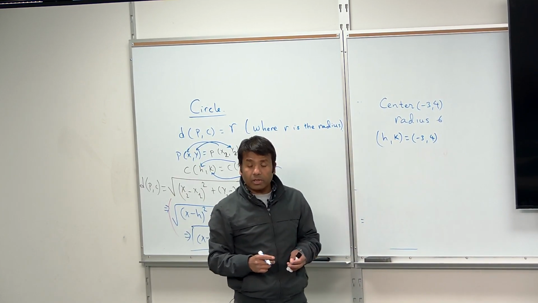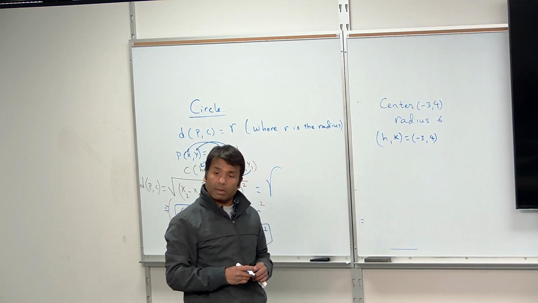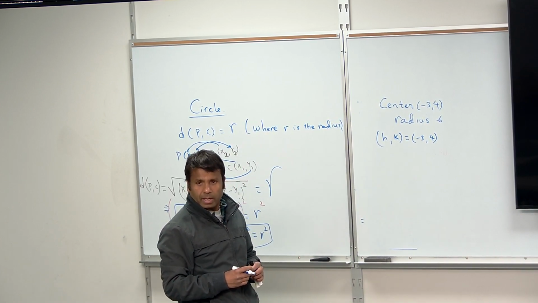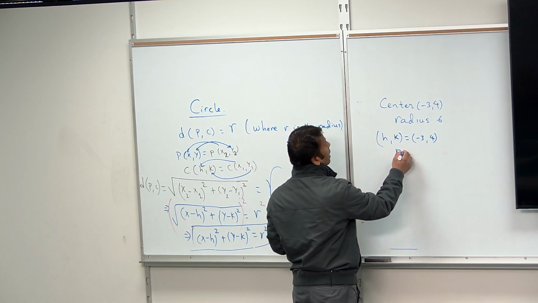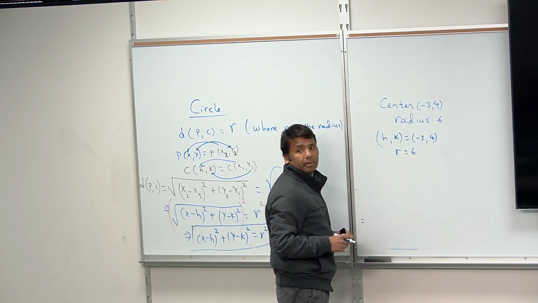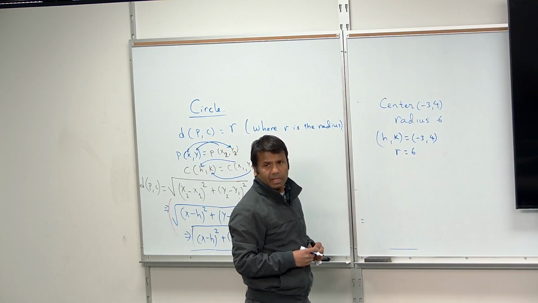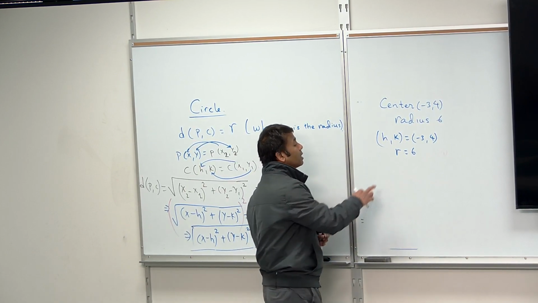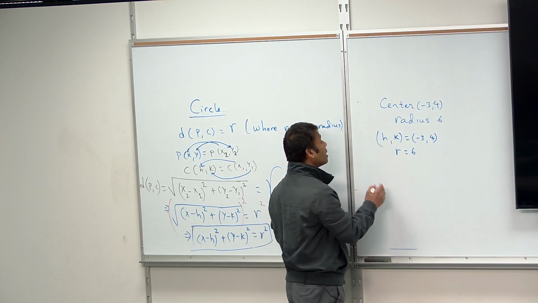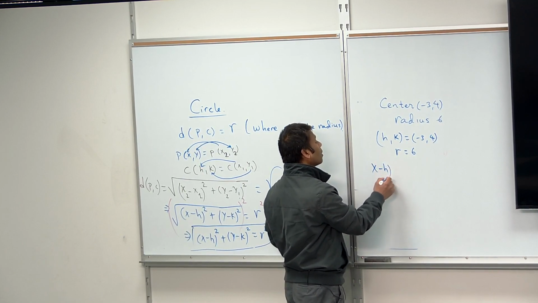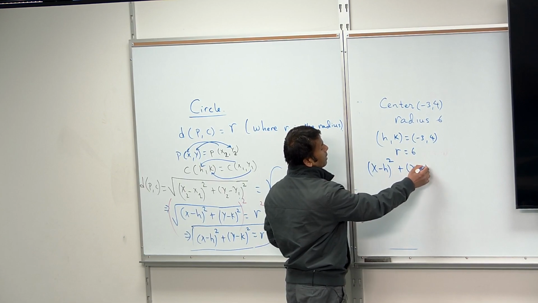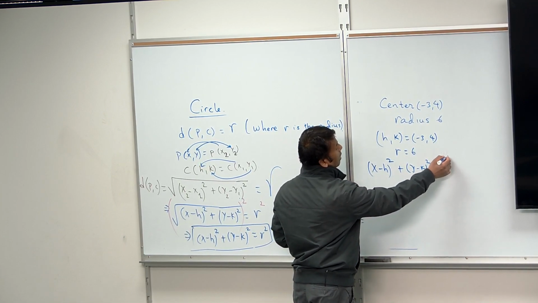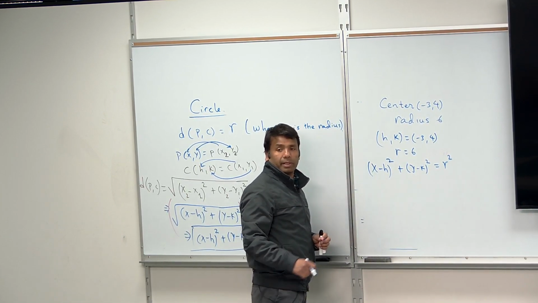And then the radius, which is r, is given by what? 6 unit. That makes sense? And if you have a center (h, k) and radius r, the equation of the circle is given by (x - h)² + (y - k)² equal to what? r².